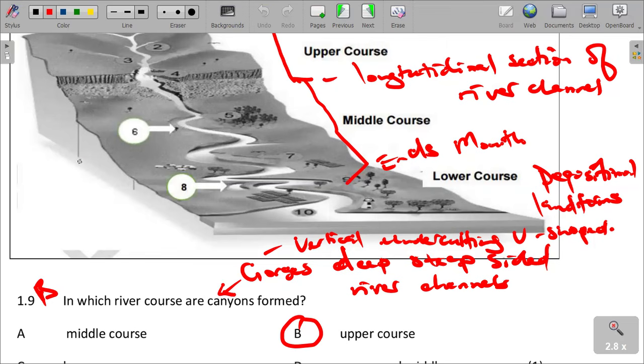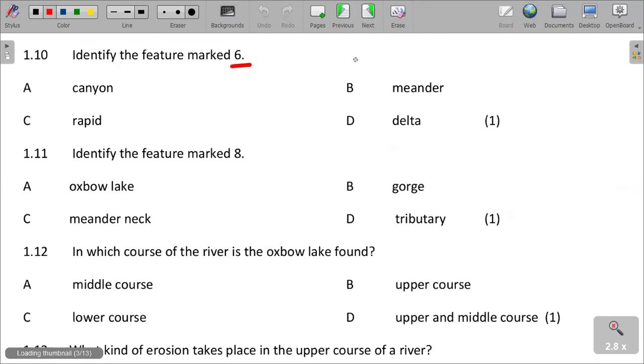This is a meander, which results in the formation of oxbow lakes. Oxbow lakes are formed from meanders. We are going to discuss that further, but for now, let's just answer our question. It is a meander, which is B.